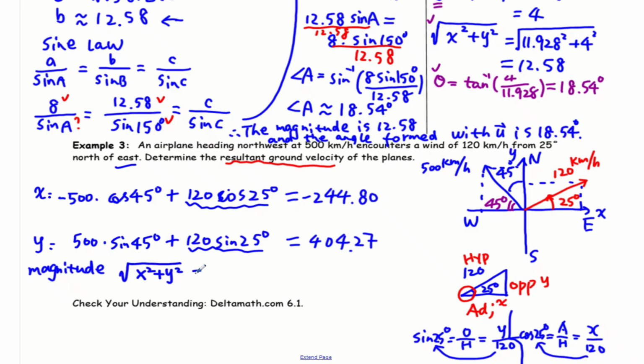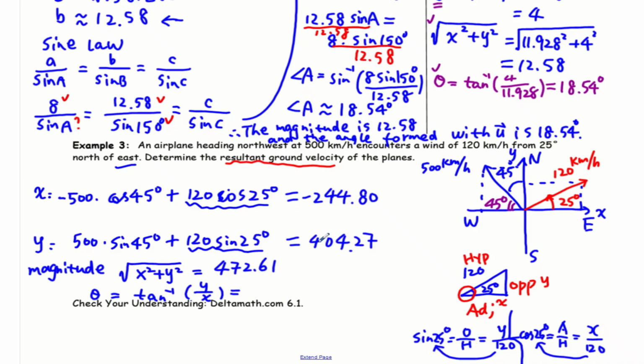Then we sub in and find the magnitude. For the angle, it's the opposite over adjacent, y over x, then the inverse of tangent. So the magnitude, you add them together, square root, is 472.61.